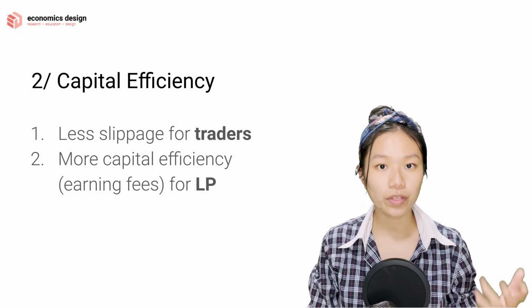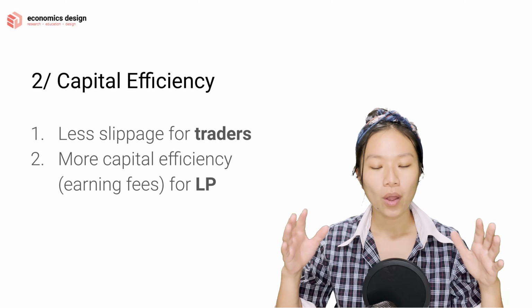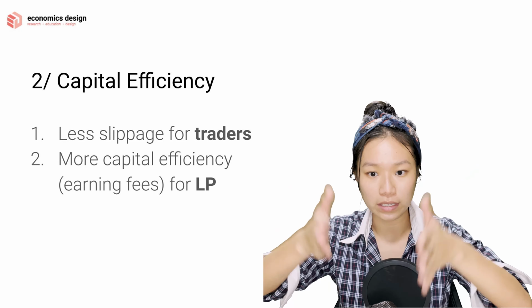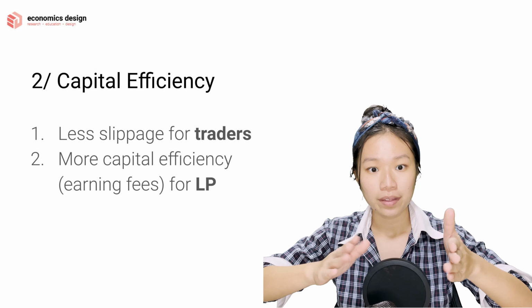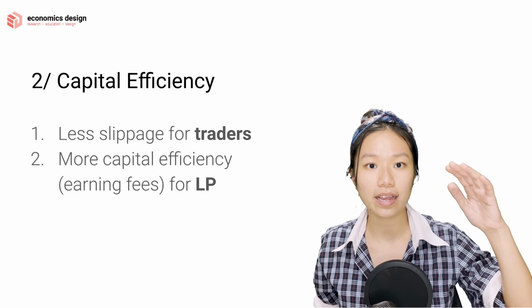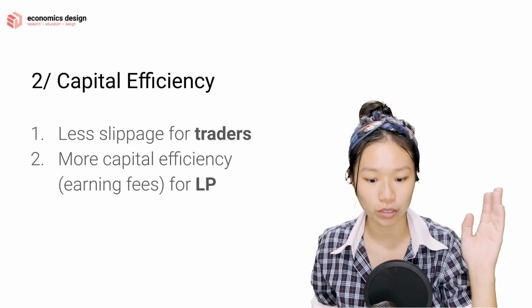Then the good thing for the traders is that you get less slippage, because as I mentioned above, when you have a very deep liquidity for this range, then your large trade will have less slippage because the large trade is proportionally smaller when the liquidity pool is huge.